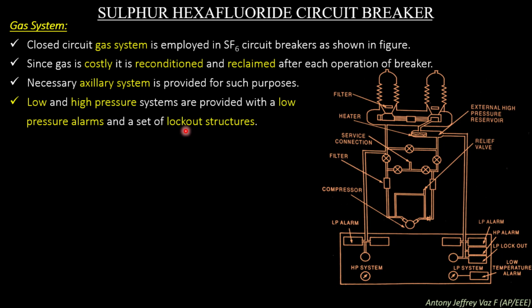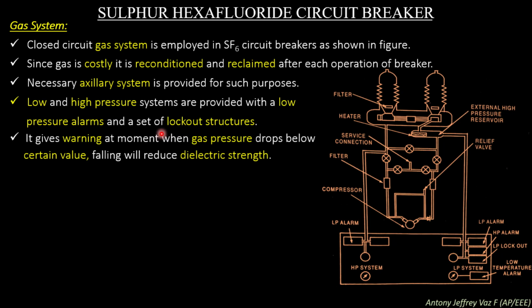We know that gas gets liquefied when the pressure increases at constant temperature. To avoid this, a low pressure alarm is provided with the lockout systems. It gives a warning at the moment the gas pressure drops below a certain value, since a fall in pressure will reduce the dielectric strength of the gas.